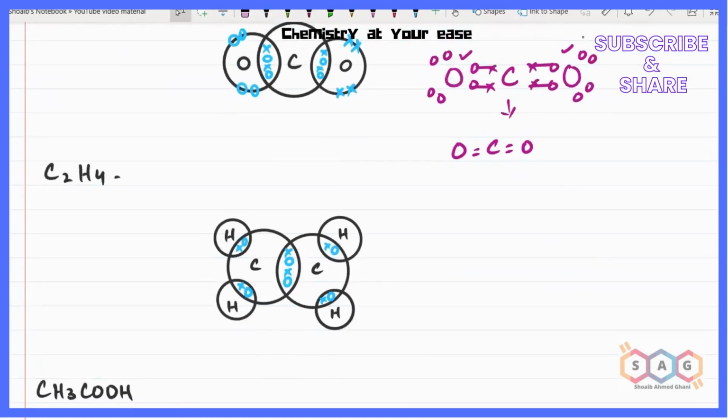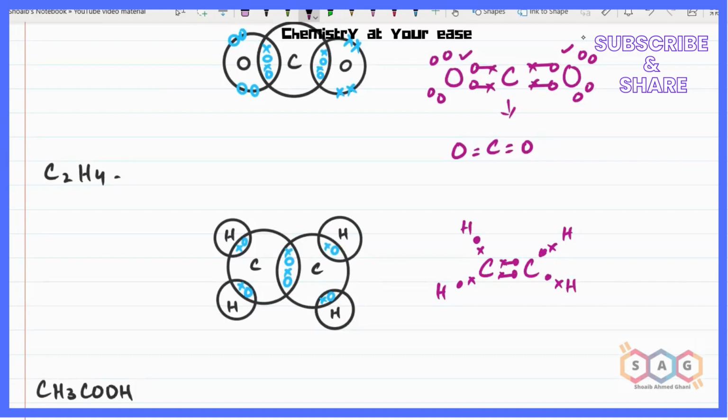Now the next molecule. Here the carbon-carbon atoms share how many electrons? Two electrons, meaning 1, 2, 1, 2. So they share two electrons between each other. And the remaining electrons, 1 and 2, are shared with the single hydrogen atoms like this.